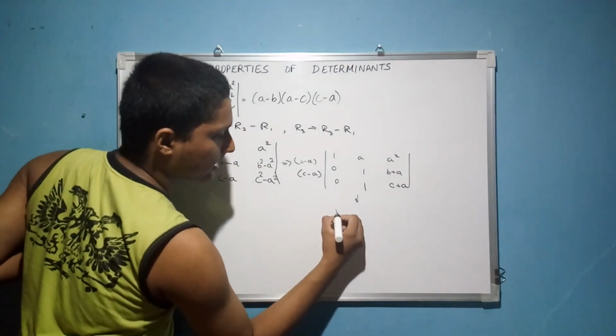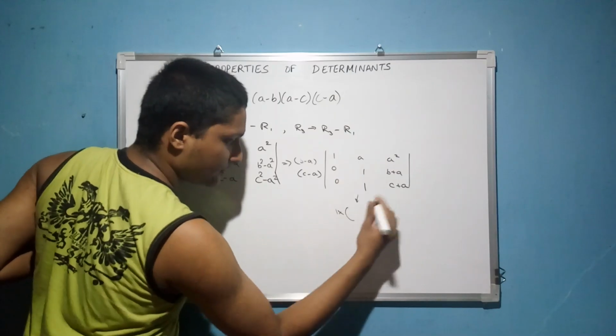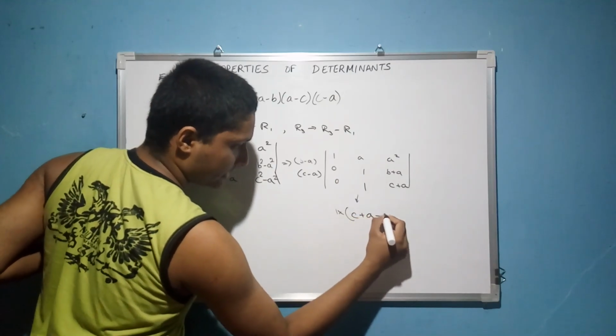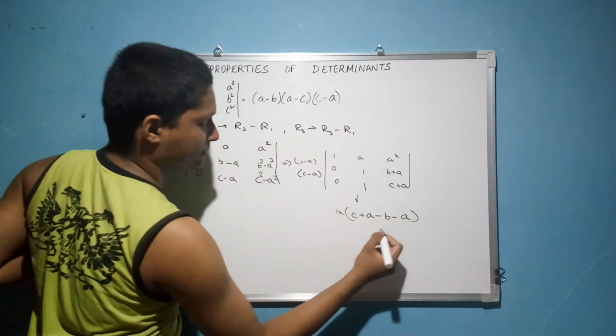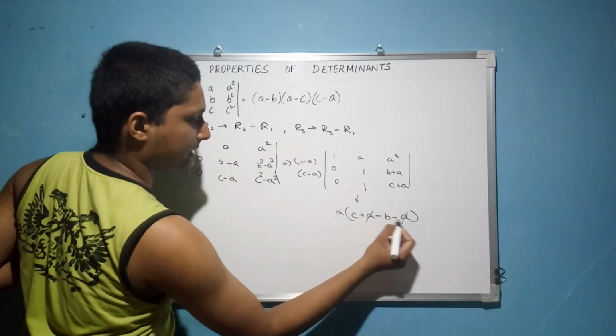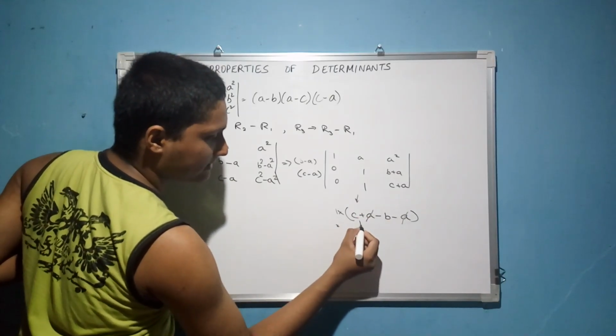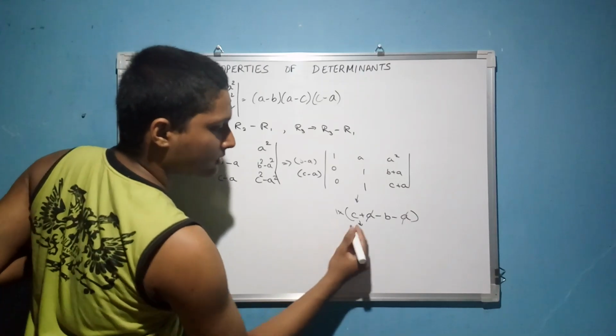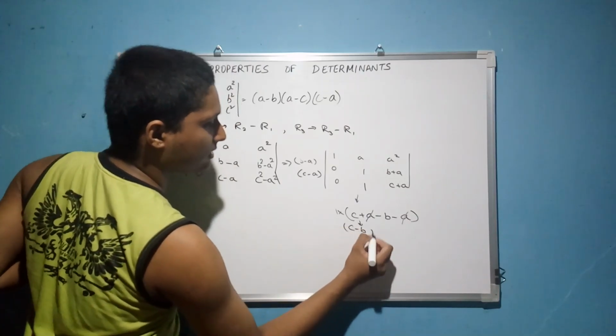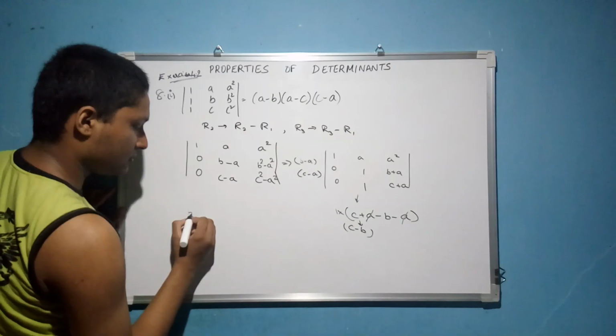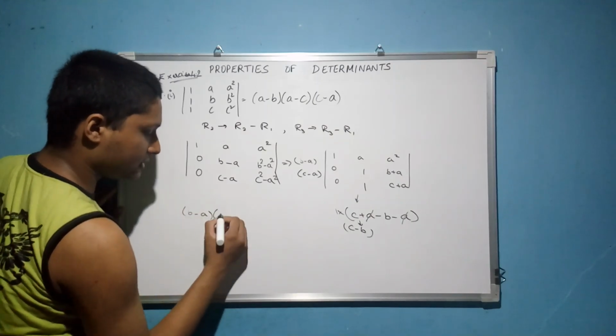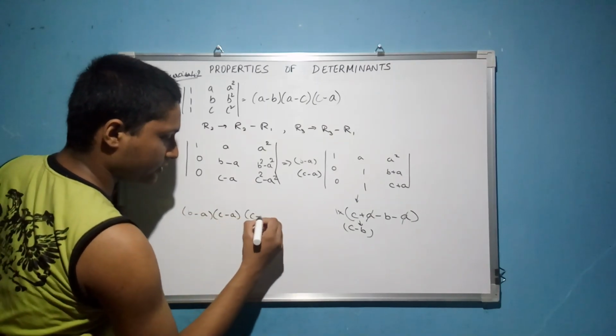This determinant is 1 into c plus a minus b minus a. Okay, this 2 I'll get cancelled. So you get one more factor that comes to be c minus b. Okay, so you have b minus a into c minus a into c minus b.